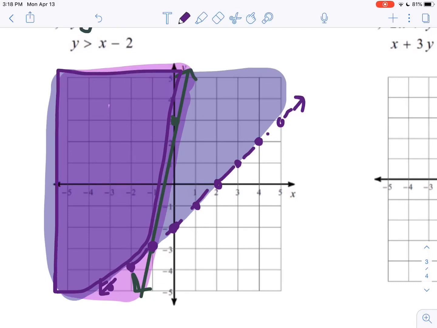So this area that I'm outlining right here is the solution area. You don't have to write solution area, but you do need to indicate that you know that the overlapping area is the solution area. So just outline it in a different color or what be it. Just make sure you're indicating you know overlapping of the shading is where your solutions are.